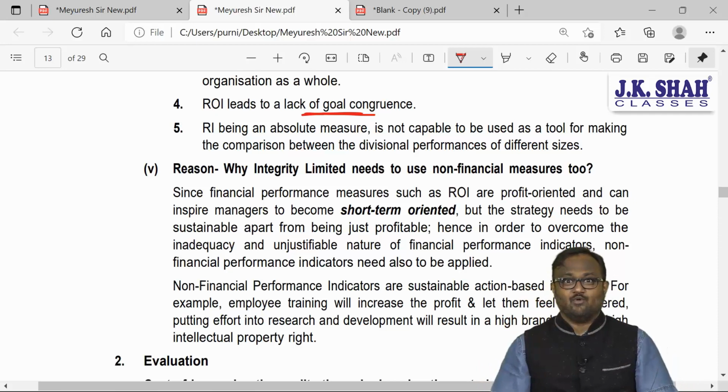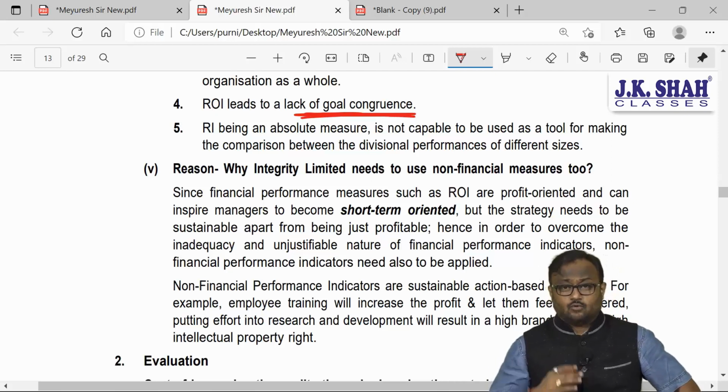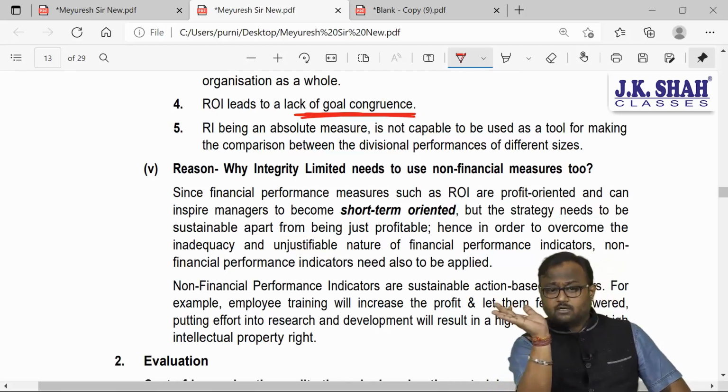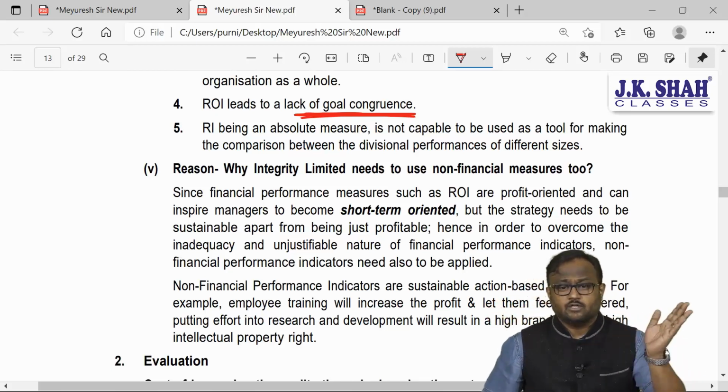My ROI will be more. So my benefit is actually at the cost of company's loss. So the problem of goal congruence will happen. You have already done this goal congruence concept in divisional transfer pricing. So whatever is the direction of the company's goal, your managers should also work in the same direction and not in the opposite direction.